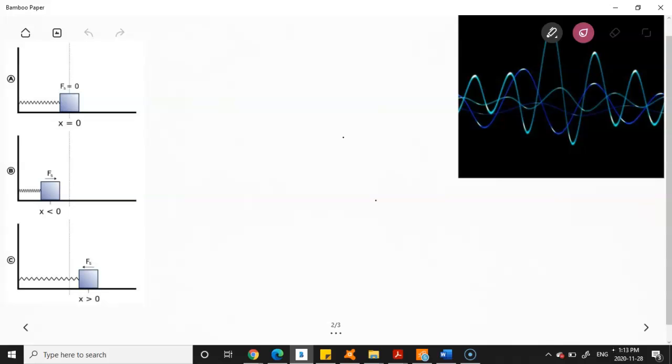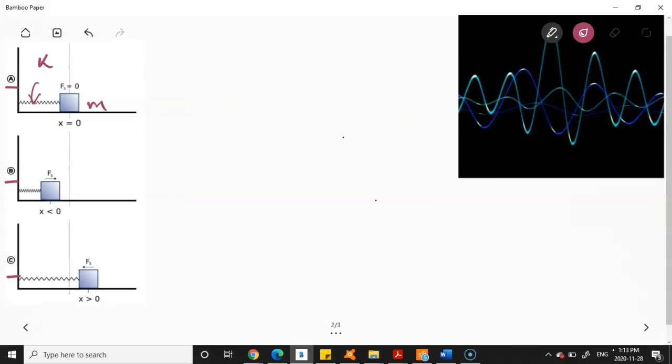Look at the pictures on the left side: picture A, picture B, picture C. In all of them, I have one substance which has a mass of M. As you can see, at the equilibrium point, we do not have any stretch or contraction of the spring, which has a constant, a rigidity, of K. When you push to contract the spring, the force of the spring works in the opposite direction of the contraction.